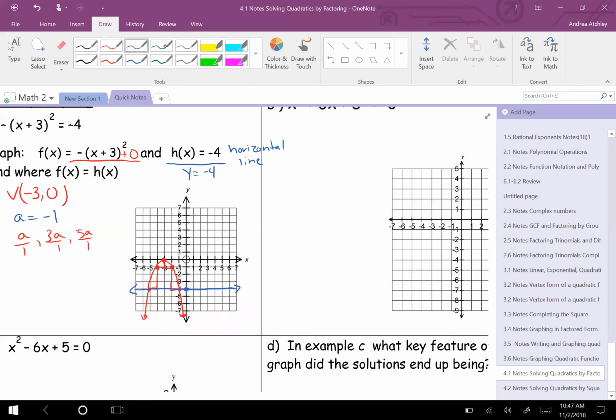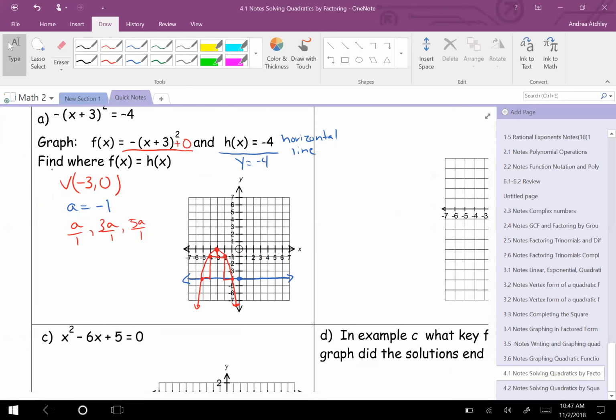Now, after I've done that, I want to find where f of x equals h of x. Where do those two lines intersect? It's going to be an ordered pair. So first, how many solutions are there?